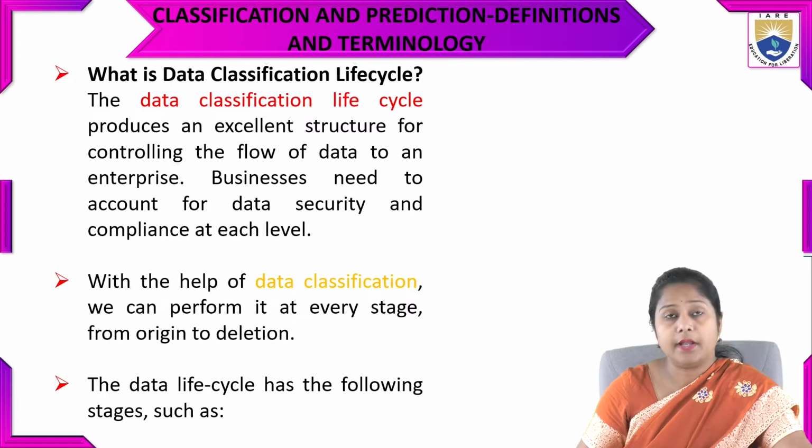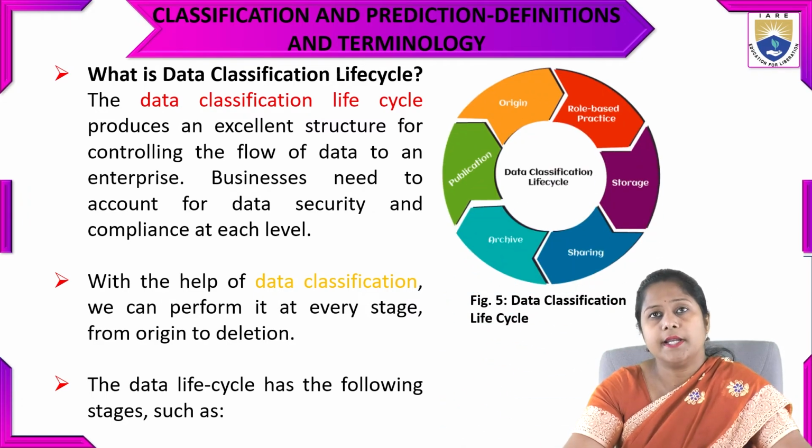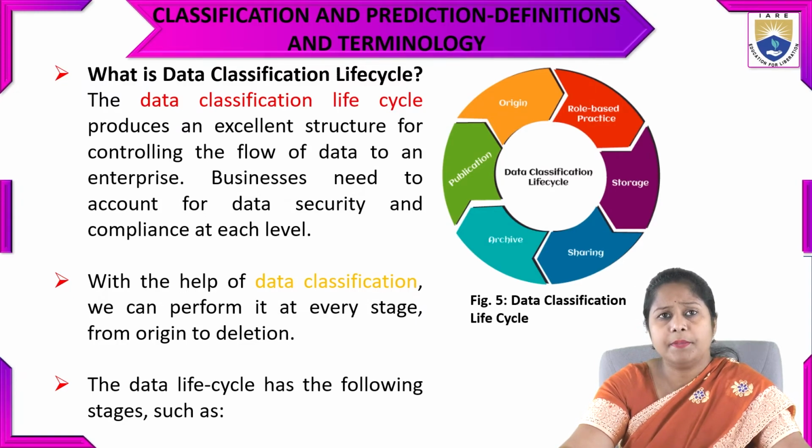Next is, what is the data classification life cycle? The data classification life cycle is going to produce an excellent structure for controlling the flow of data for any enterprise. So for any data warehouse business model, how will the data classification life cycle go on?